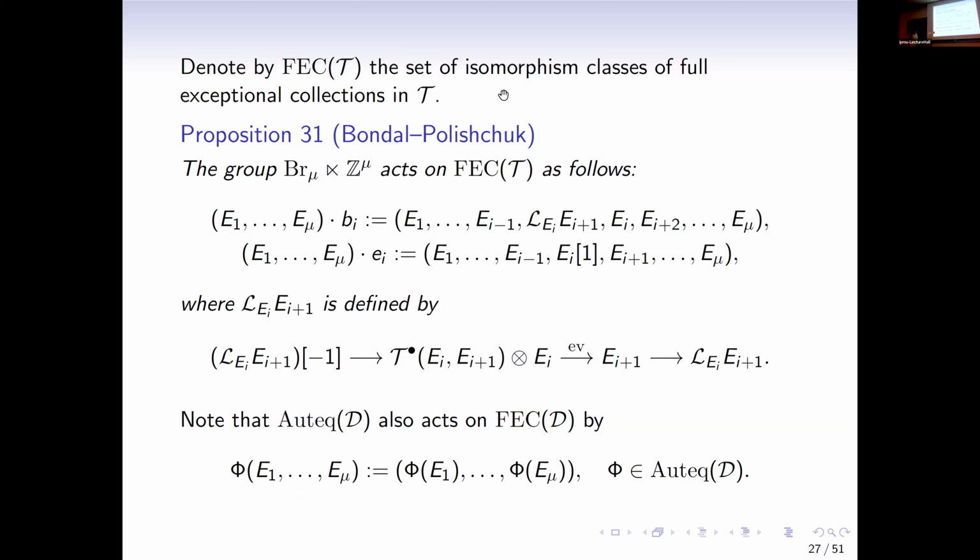Also, I'm interested in the action of the auto-equivalence group of T, which acts from the left. I think this is well known.